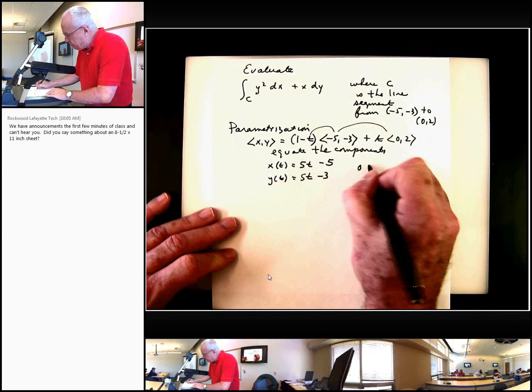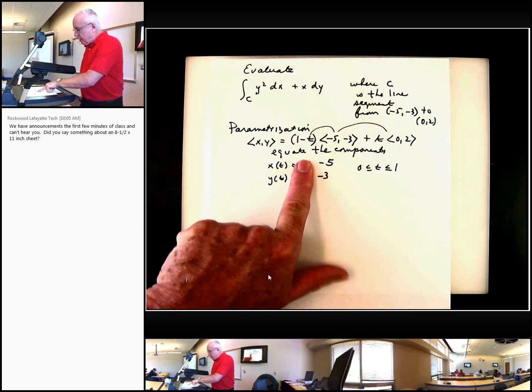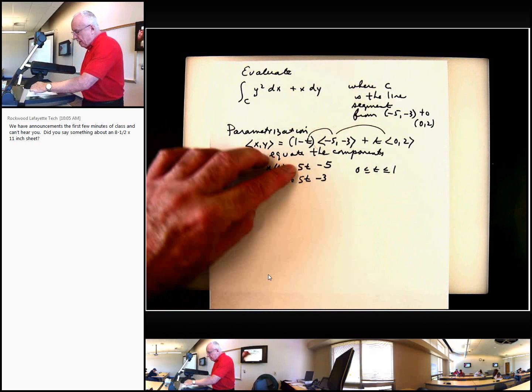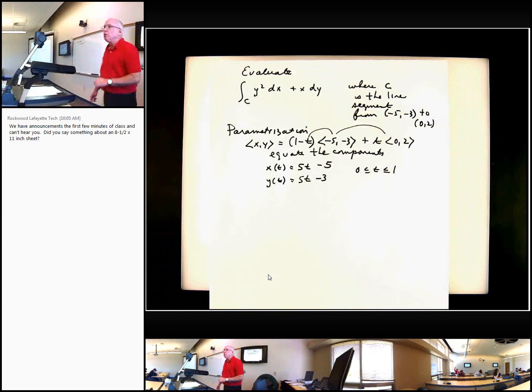And this is for t going from 0 to 1. And you can always check it out. Notice when t is equal to 0, we're at (-5, -3). When t is equal to 1, we're at 5 minus 5, which is 0 for the x, 5 minus 3, which is 2 for the y. Yep.